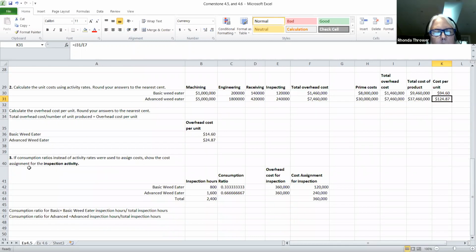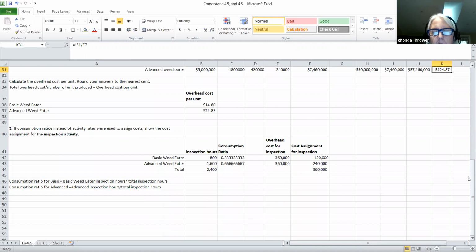Now in the third part, it says if consumption ratios are used instead of activity rates to assign the cost, show the cost for the inspection activity only. They only did one activity, so they would reduce the number of calculations that you had to do for this.